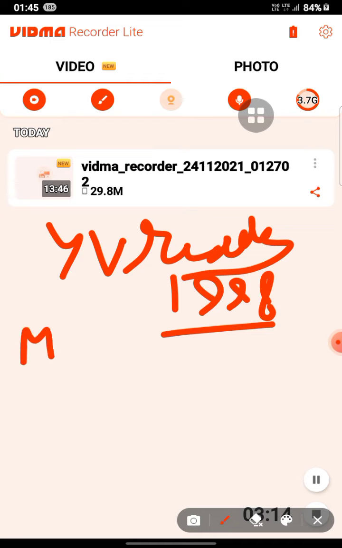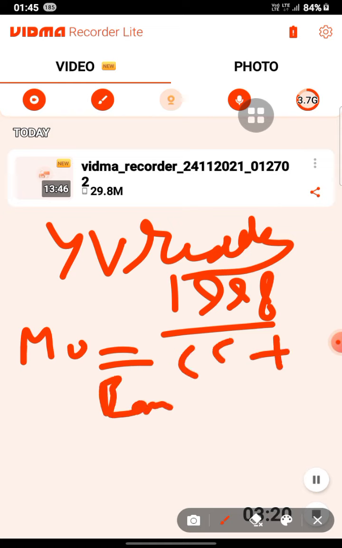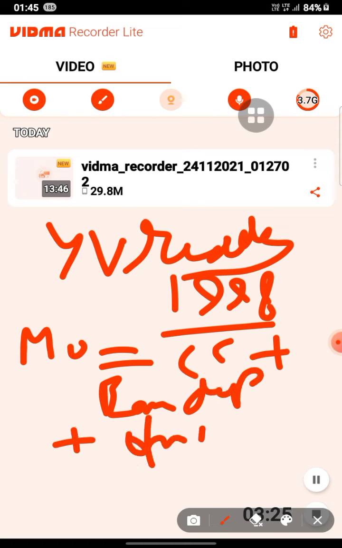One was M0. M0 is the currency in circulation plus bankers' deposits plus other deposits in RBI. That is M0. M0 is also called the reserve money.